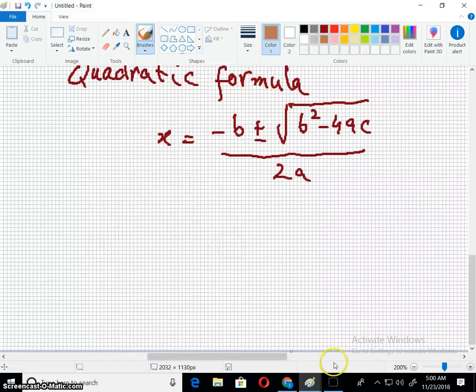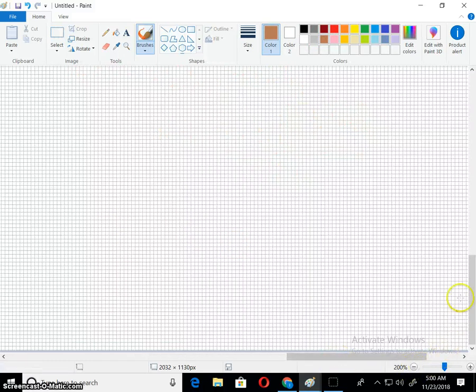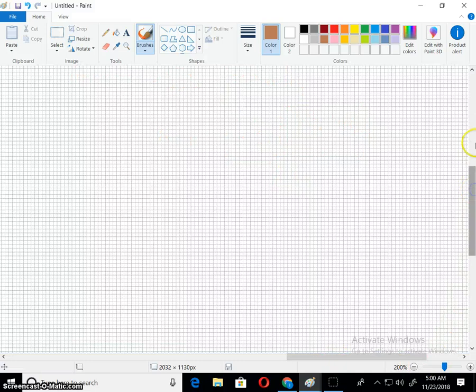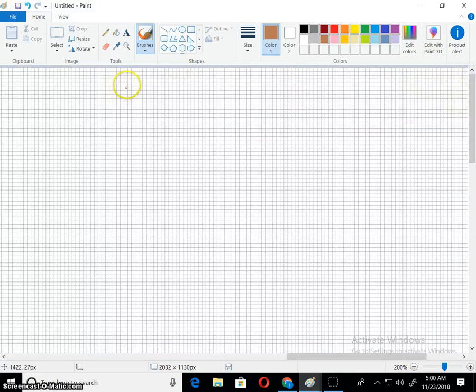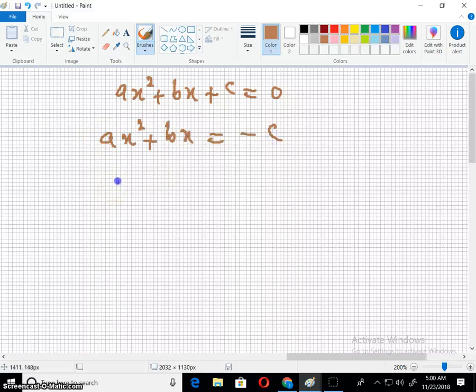And this formula can be produced by solving the standard quadratic equation with the help of completing square. Like this.